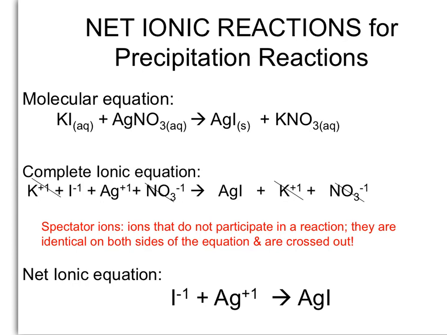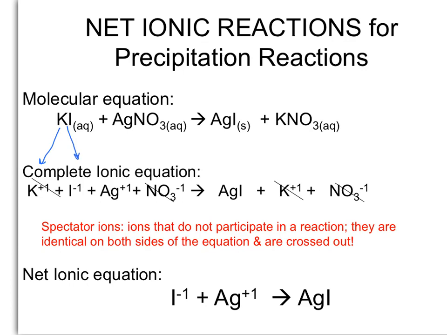The molecular equation here is potassium iodide reacting with silver nitrate to produce silver iodide, which is your precipitate, and potassium nitrate. In order to do a complete ionic, we're going to separate out anything that is aqueous into ions. And so you can see that the K and the I have separated to K plus and I minus.